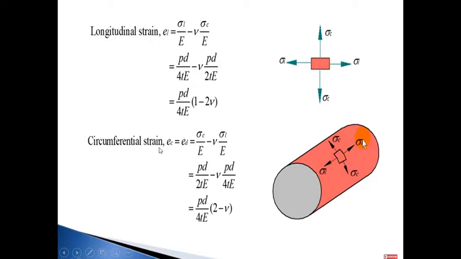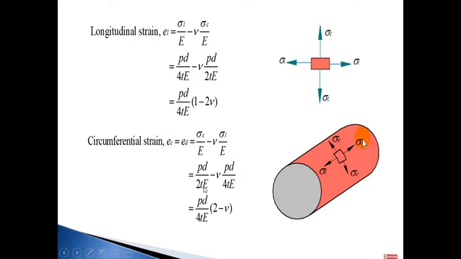So circumferential strain, e suffix C, also called diametrical strain, symbol e suffix d, is equal to sigma C, that means circumferential stress divided by E, minus V times longitudinal stress divided by E. Again you can apply the same formulas for circumferential stress and longitudinal stress.